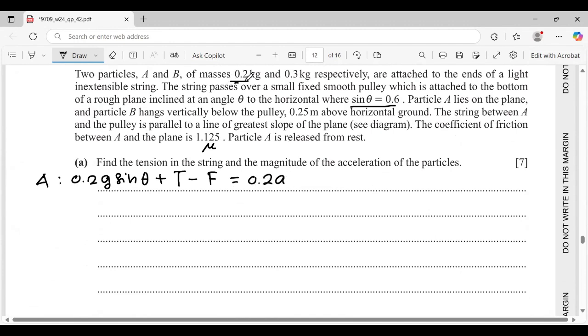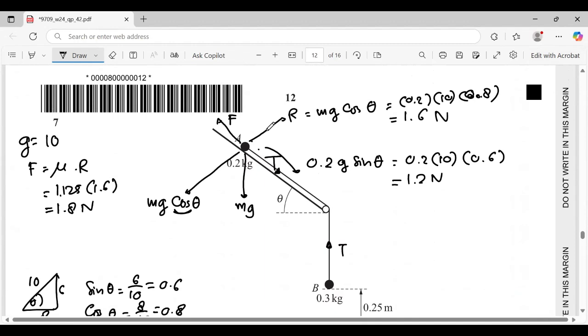So this is 0.2 g sine theta downwards, plus tension, minus F, the force acting in the different direction, upwards.